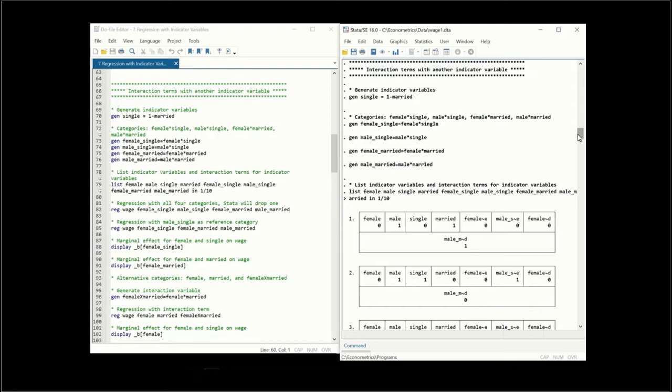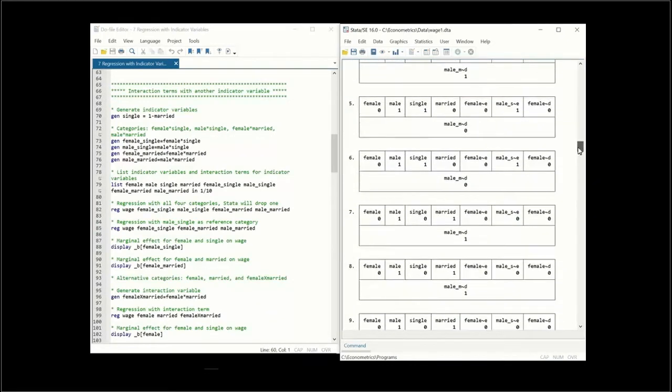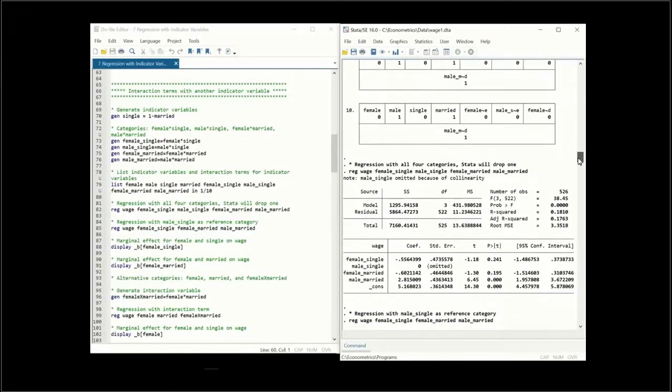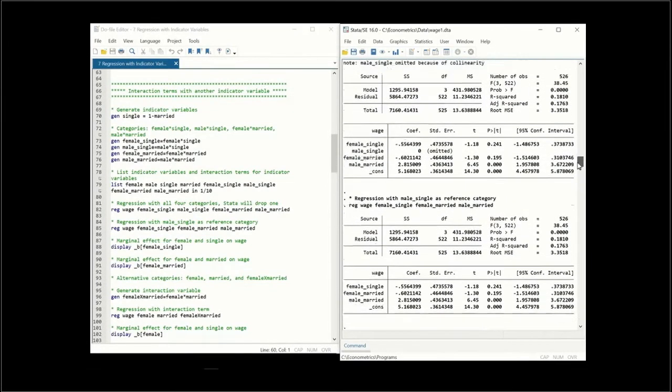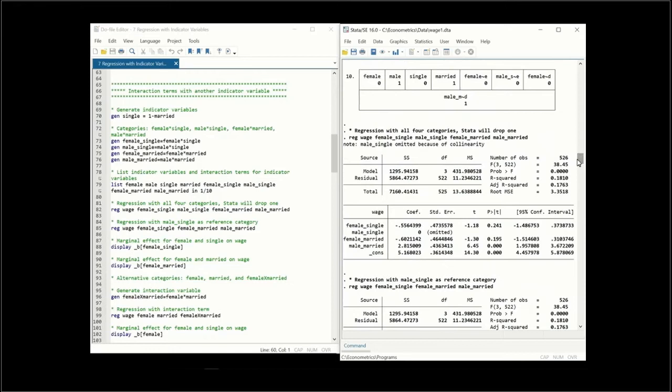Next, let's go ahead and estimate a regression where, if we try to put all of the 4 categories in here, all the interaction terms, Stata would drop 1 because we have perfect collinearity. In this case, the male single variable was dropped, and these were the estimated coefficients.